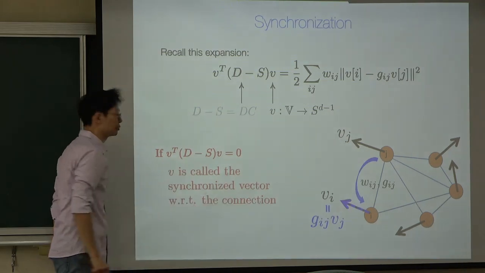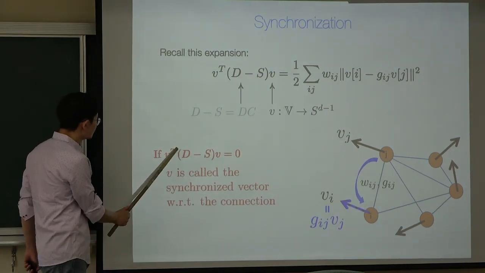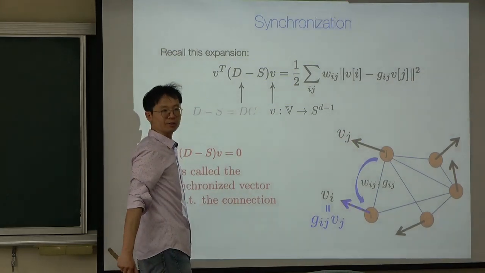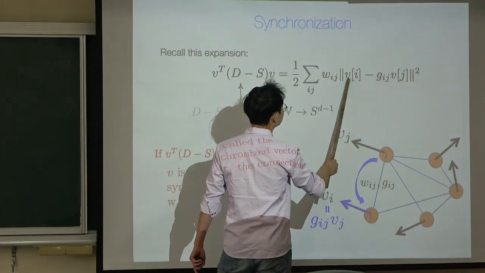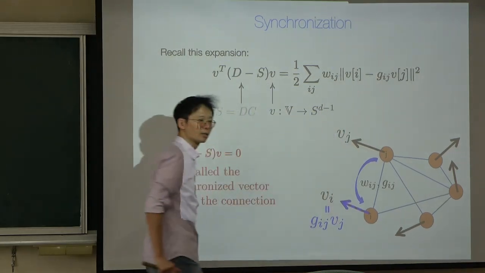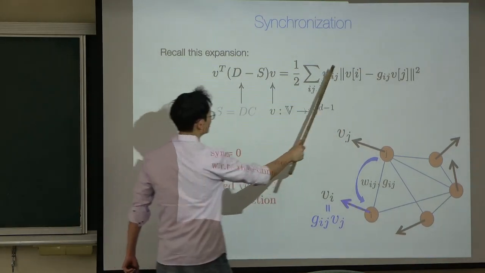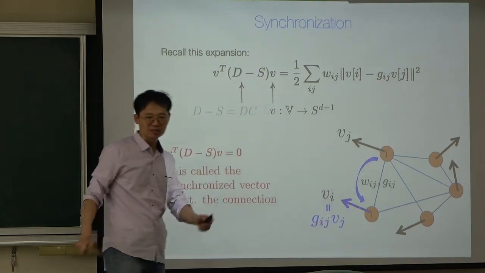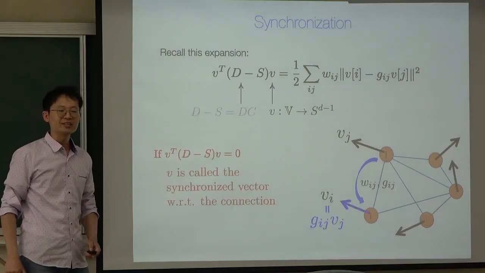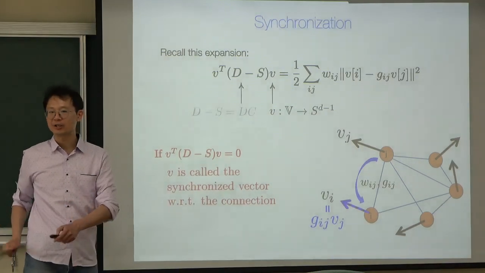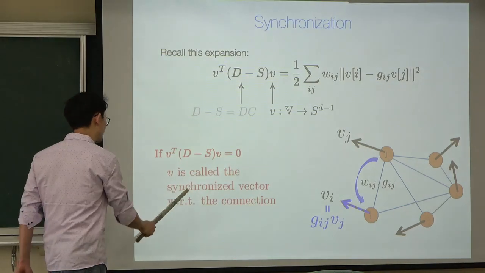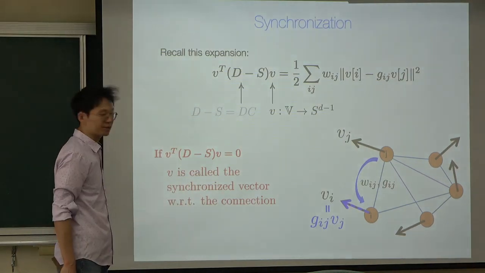That is what it tells you. And suppose this quantity is totally 0. What does it mean? It means that Vi is equal to Gij Vj, which means V respects Gij and is constant. It is constant respecting Gij, and that is what is meant by synchronized, or this is called a synchronized vector.